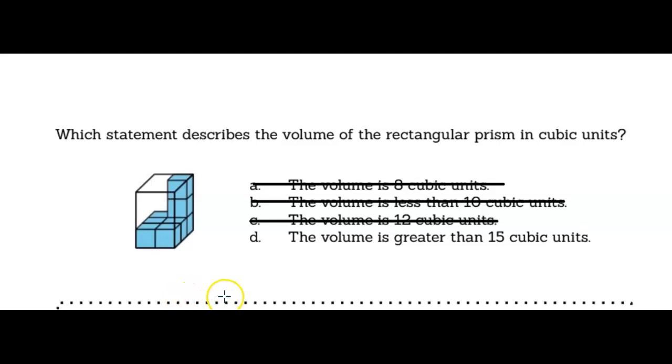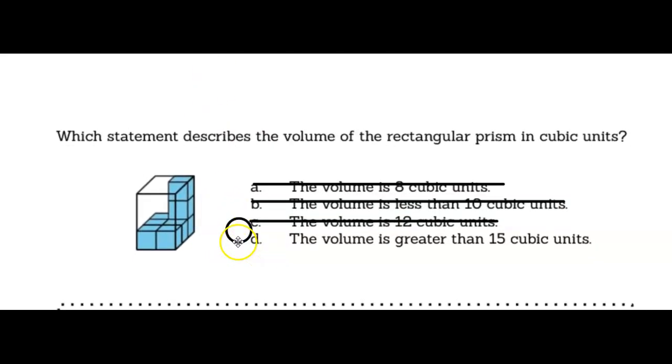Well, I said it was 18, right? 6 and 6 is 12, and another 6 is 18. Is that bigger than 15? You betcha. It is bigger than 15. So if I wanted to choose my answer for this one, I would choose D.